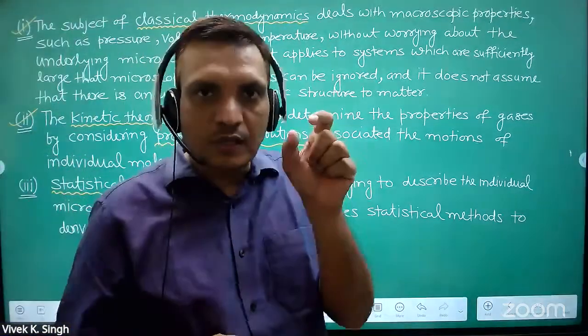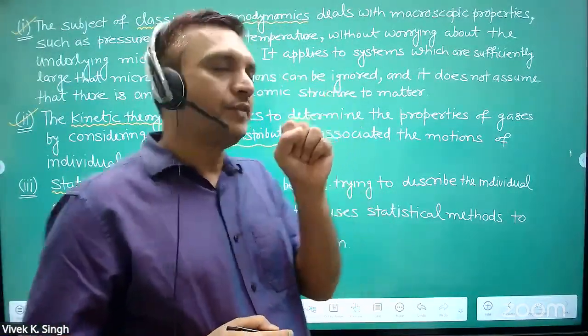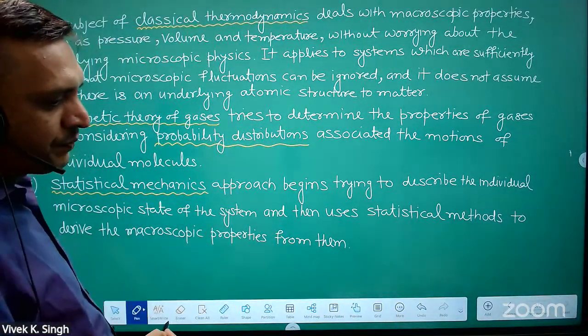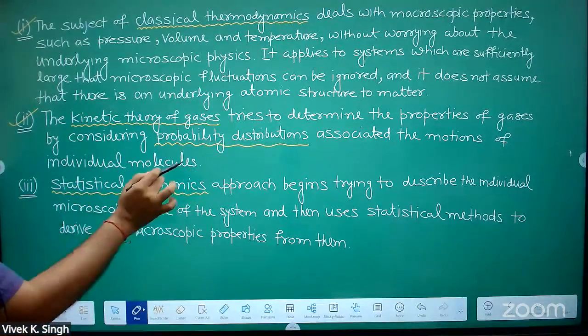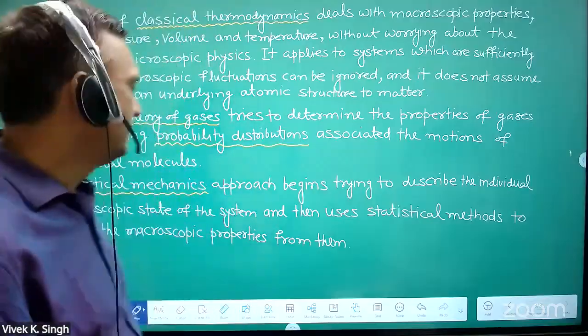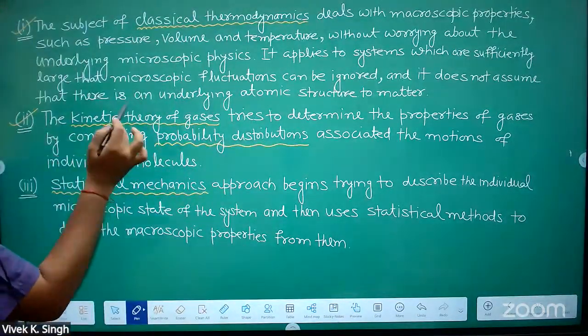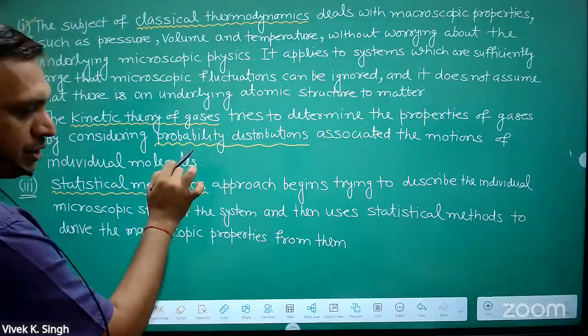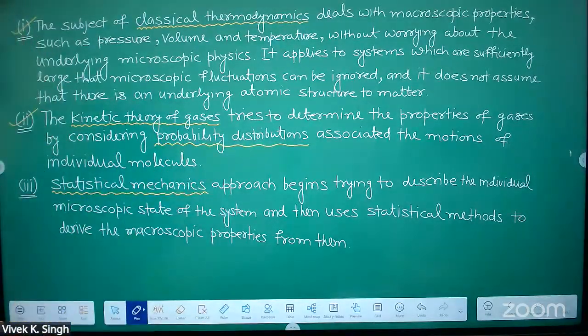We will focus on the microscopic nature of matter, and we will talk about the probability distributions associated with the motion of the individual molecules, and then we will see the properties of gases. So that is the kinetic theory approach, where we focus on the probability distribution of individual molecules. Clear?